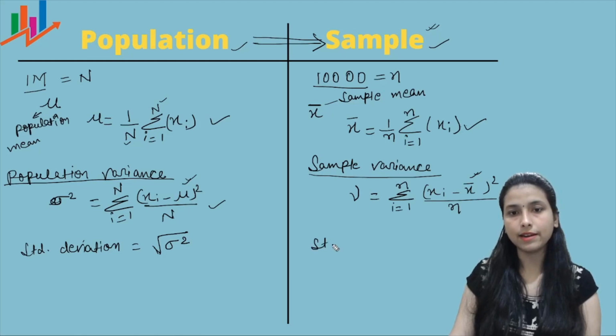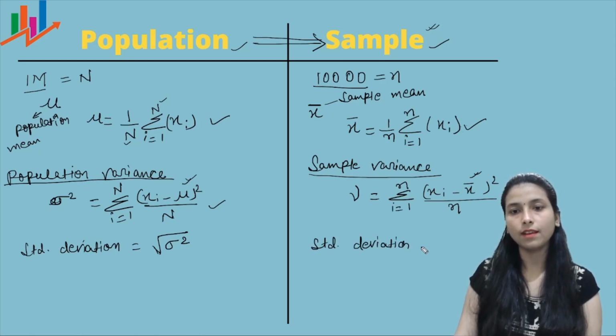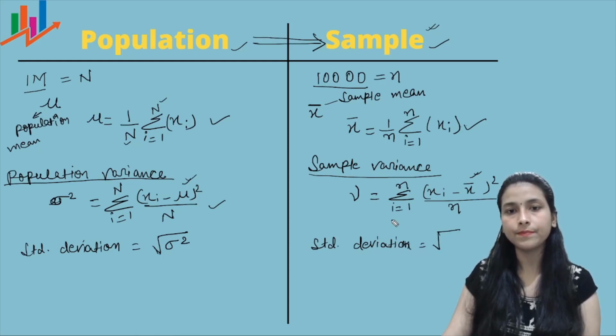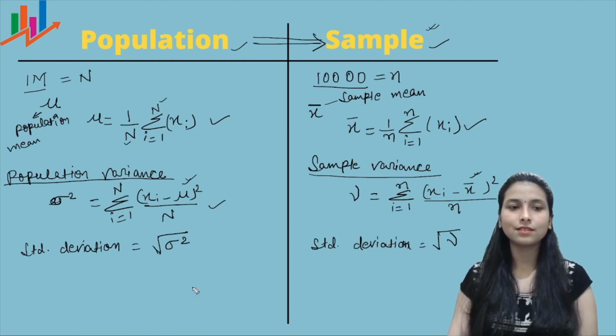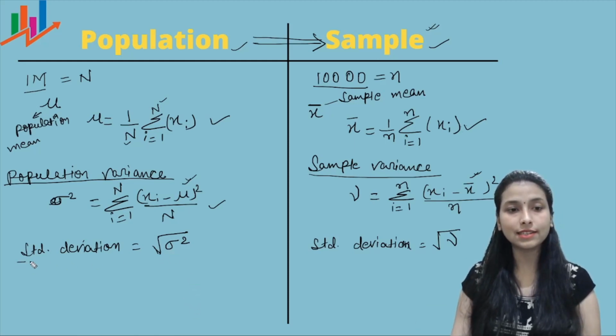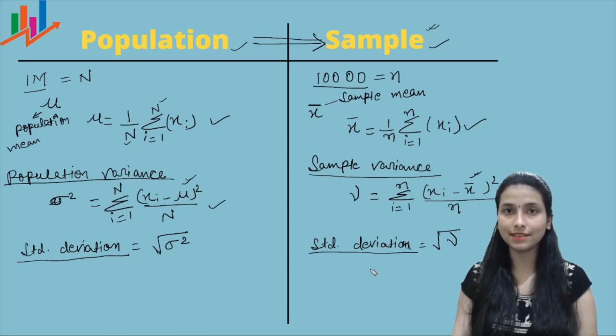In a similar manner, the sample standard deviation is represented by root under the sample variance symbol. So this is the formula for calculating the standard deviation of the population and the standard deviation of the sample data.